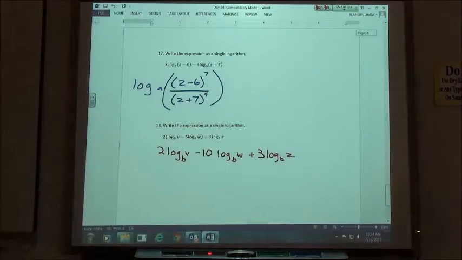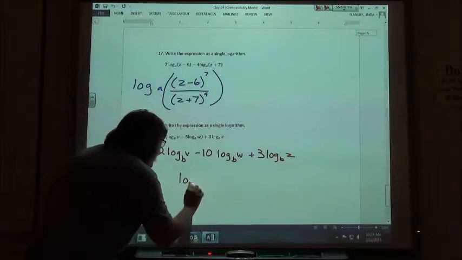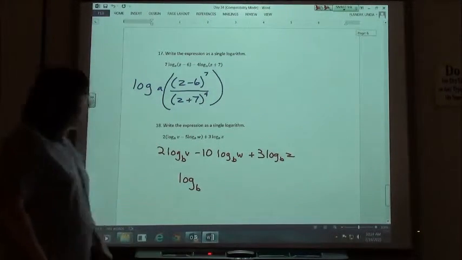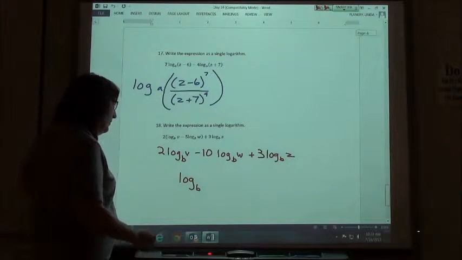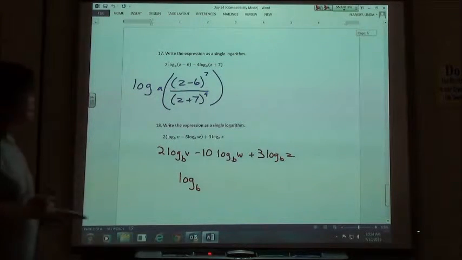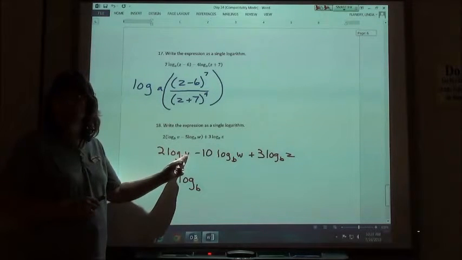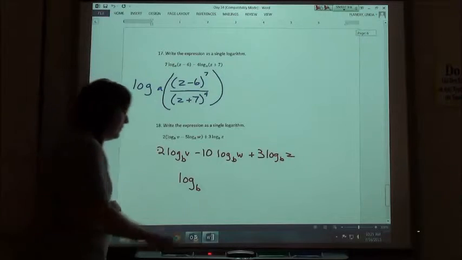Now I can go ahead and put it together. So I would end up with log base B of, so I'm going to have V to the 2nd power, right?